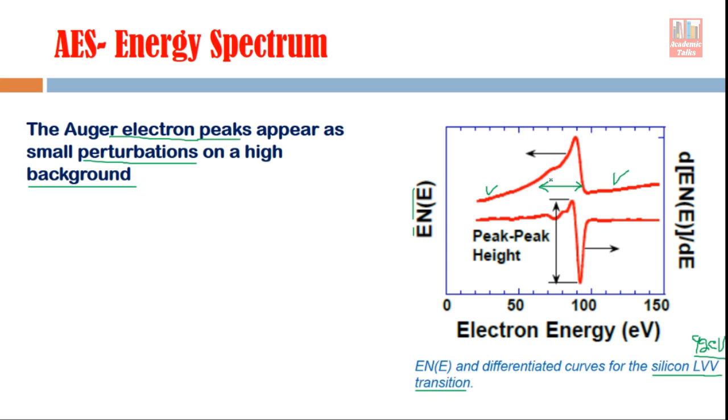You know that, for example, backscattered electrons come out when a high energy electron beam strikes the sample surface. The backscattered electrons have higher energy as compared to Auger electrons, but the backscattered electrons may have lost their energy while passing through the material, and because of that their energy may also lie in the range of Auger electrons. So now it becomes very difficult to identify whether the electrons having this particular energy are Auger electrons or backscattered electrons.